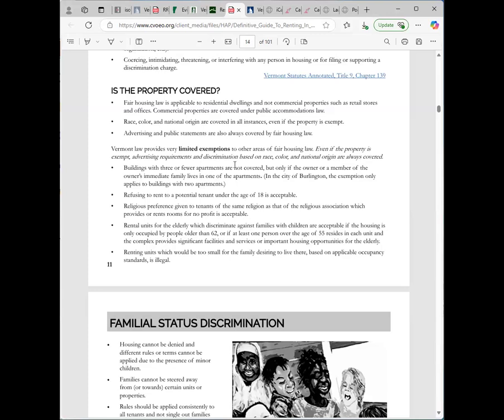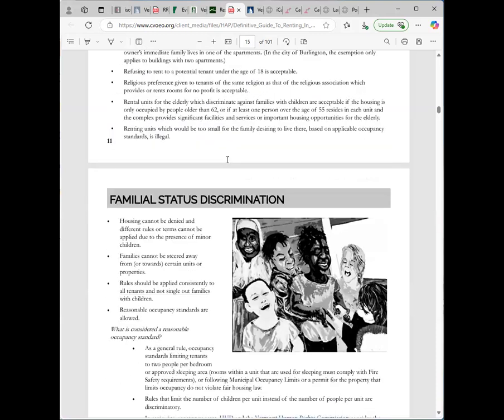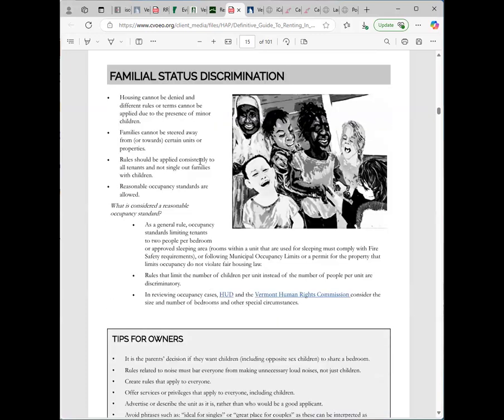So if it's a 1-bedroom for like a four-person, that's illegal. So you have to be able to rent to them. So this can get confusing. So make sure you're asking questions for all your resources there in Vermont, and it can get really confusing really quickly. Familial status discrimination, it continues on.